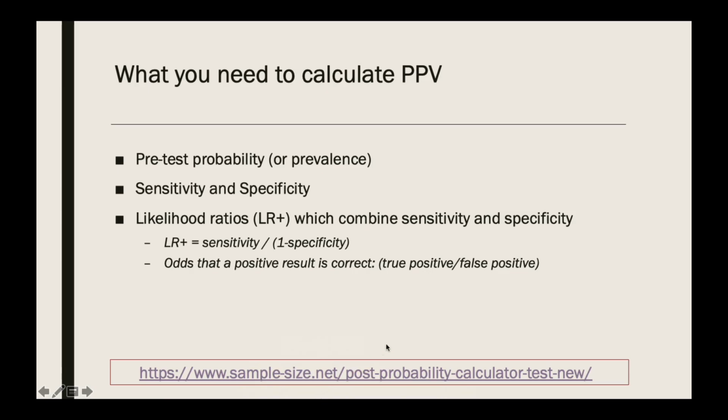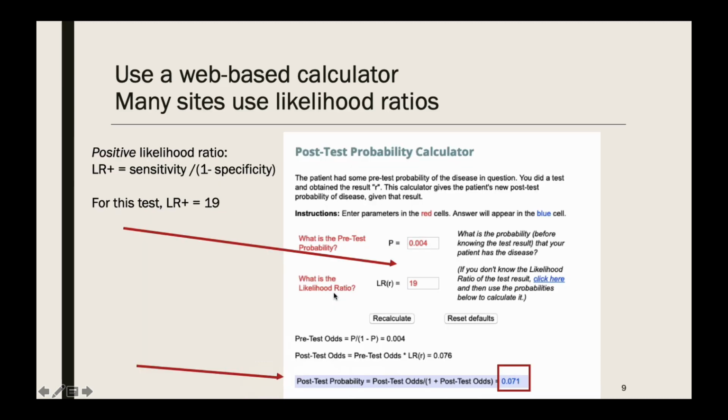So let's go back to this and say we're going to put in the pretest probability and the likelihood ratio. What do we get? Well, for a positive test in this patient, we start out with a pretest probability, the prevalence, of 0.4%, and the likelihood ratio for this test, sensitivity divided by 1 minus specificity, is 19, 95 divided by 5.